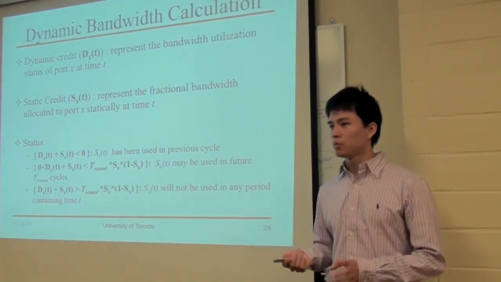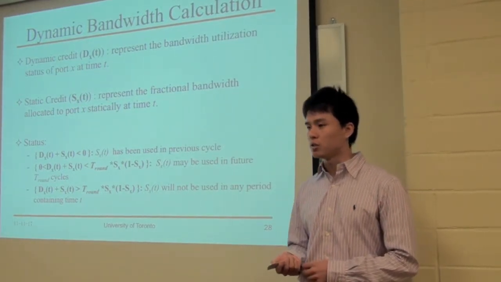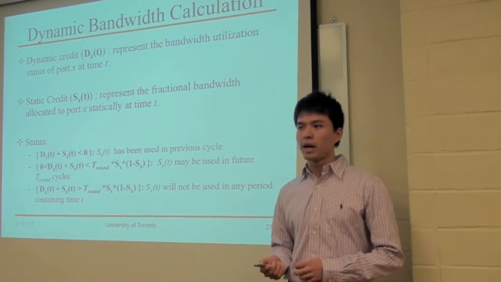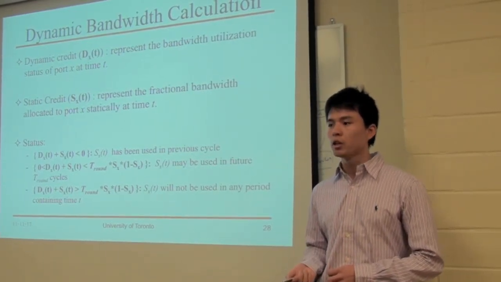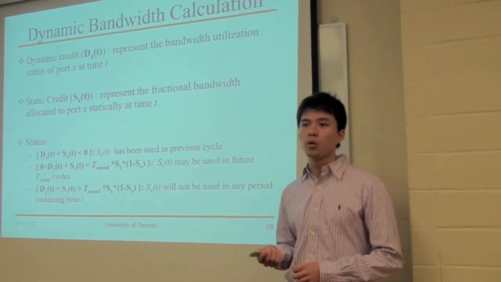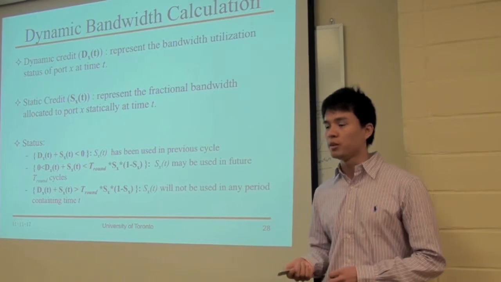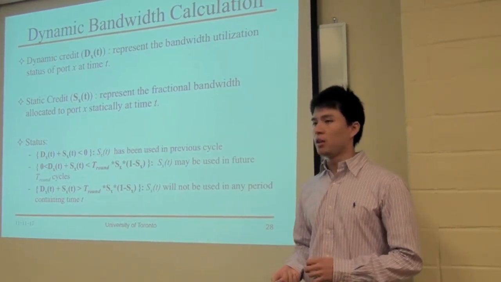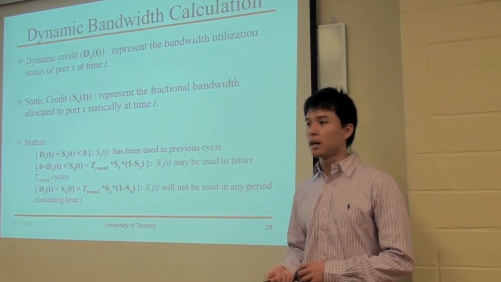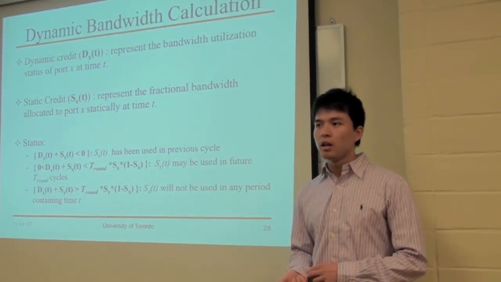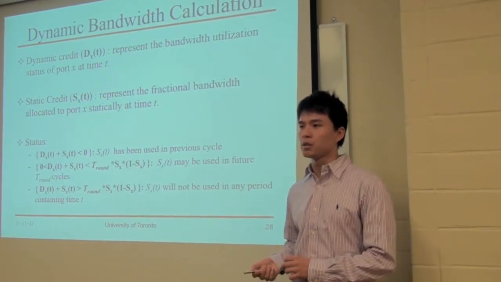In order to draw such a conclusion, we devise a new dynamic bandwidth calculation scheme. We use dynamic credit to represent the bandwidth utilization status for each port, and static credit to represent the fractional bandwidth allocated to each port every cycle. At the beginning of each cycle, if the sum of the dynamic credit and the static credit is smaller than 0, that means the fractional bandwidth has been used in a previous cycle.